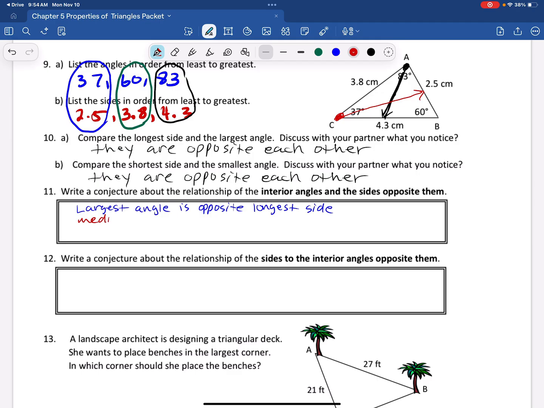Medium angle is opposite medium side. And smallest angle is opposite shortest side.